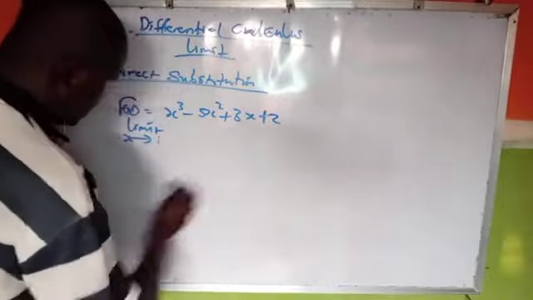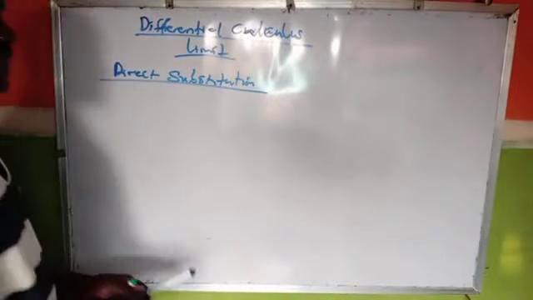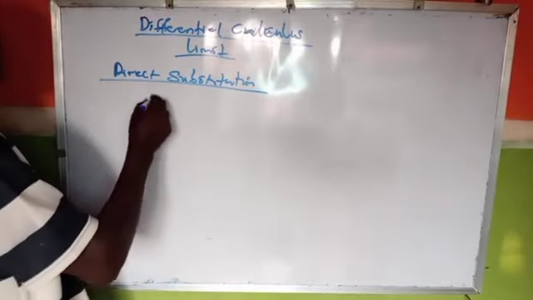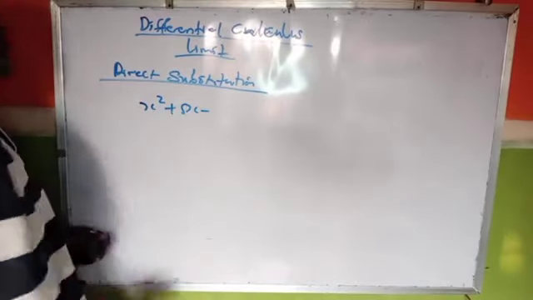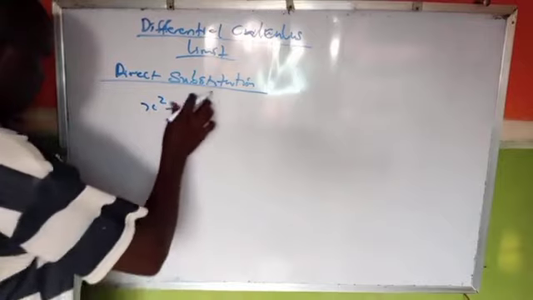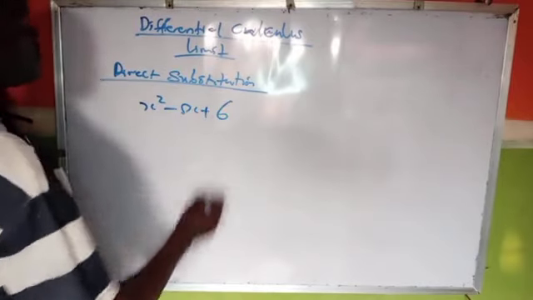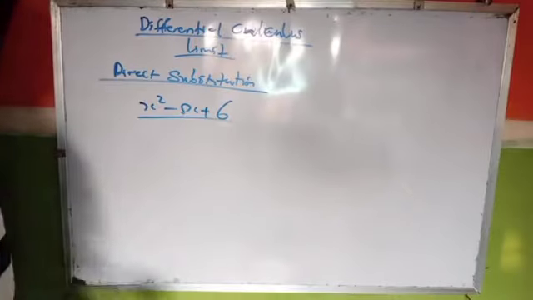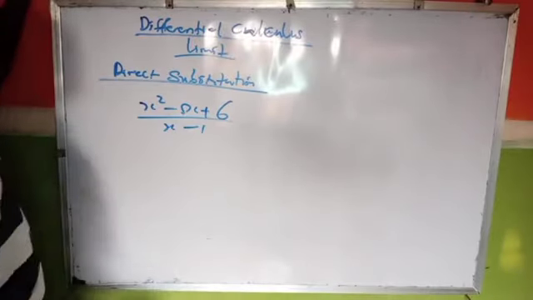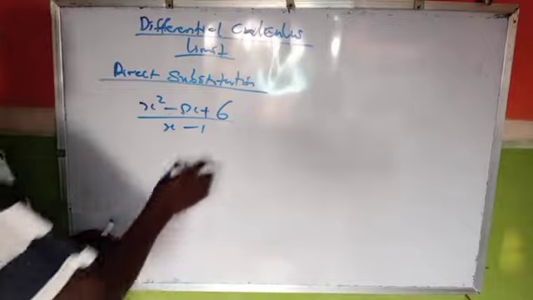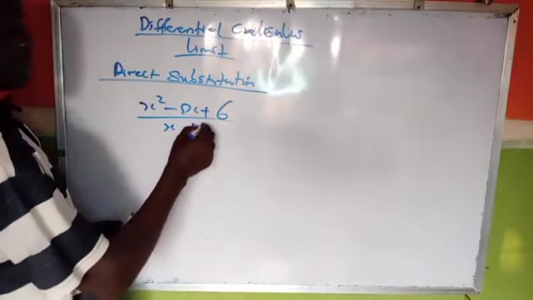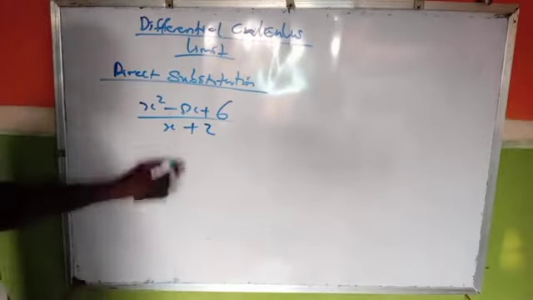So let's look at another one. Now, let's say you have an expression like this: x squared minus 5x plus 6, divided by x plus 2.